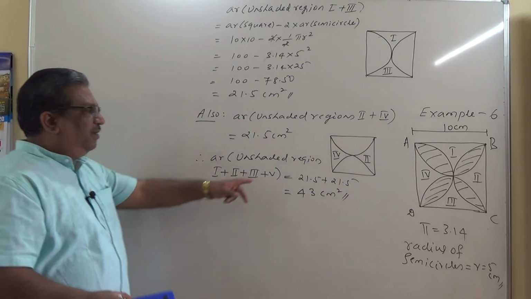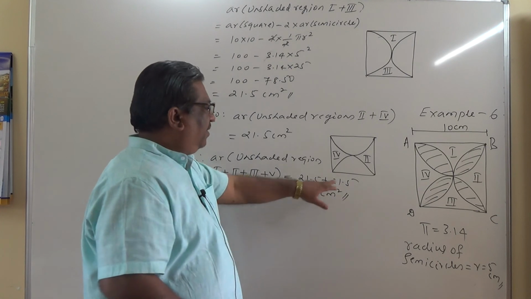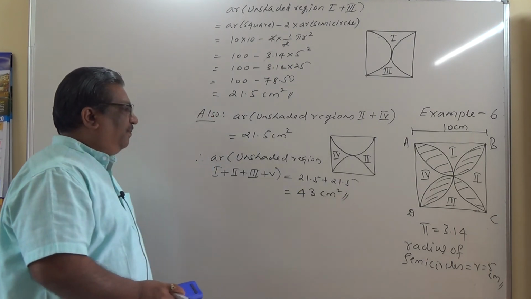Is it correct? 21 plus 21 is 42, plus 0.5 plus 0.5 is 1, which is 43 square centimeter.